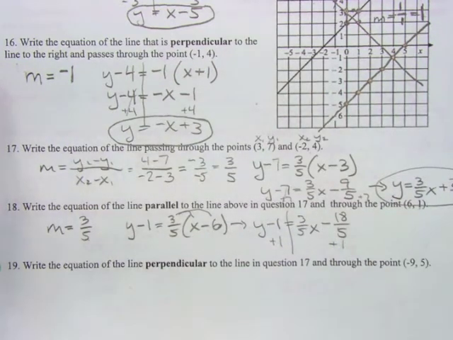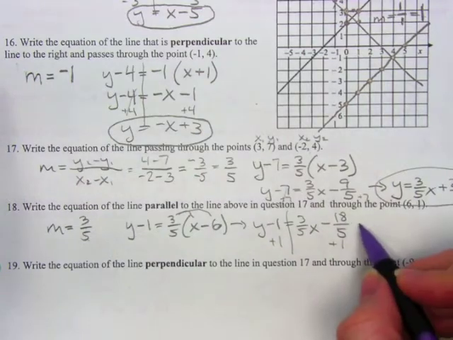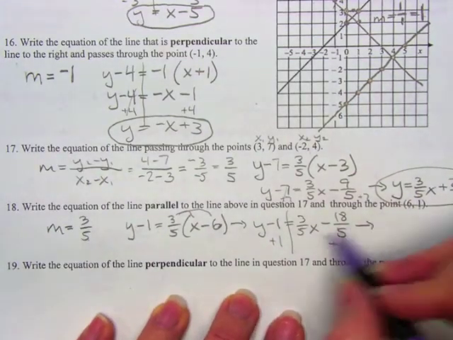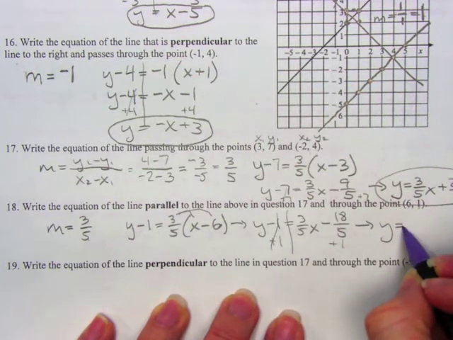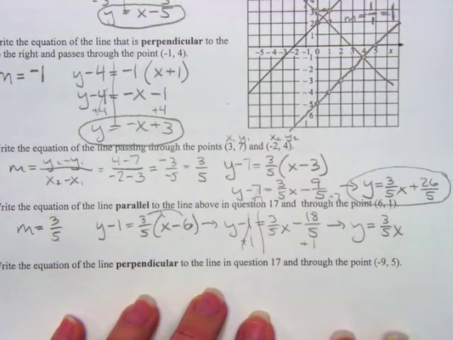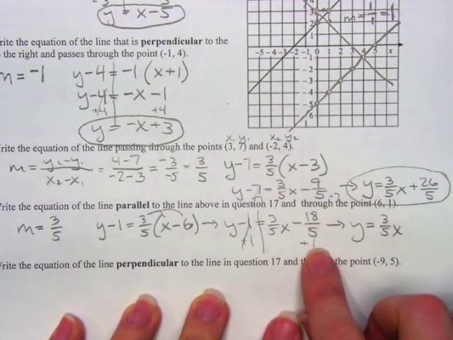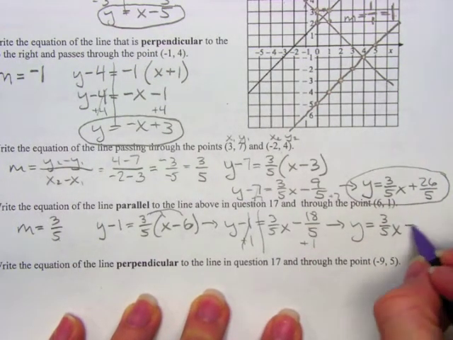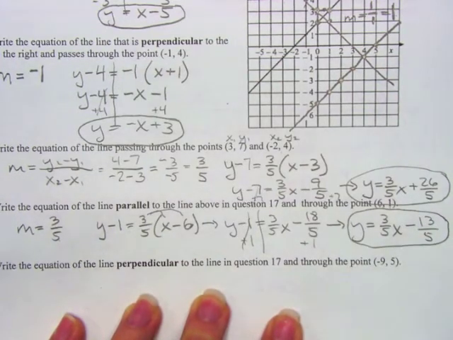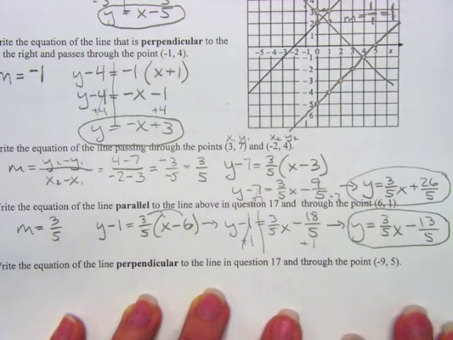Do that on both sides. And then we get our equation of our line. The y is now alone. Y equals 3/5 x, and then minus 18/5 plus 1 gives me minus 13/5. There's my line that is parallel to the line in number 17 that goes to the point 6, 1.